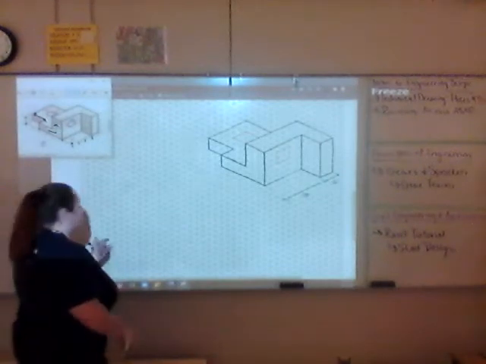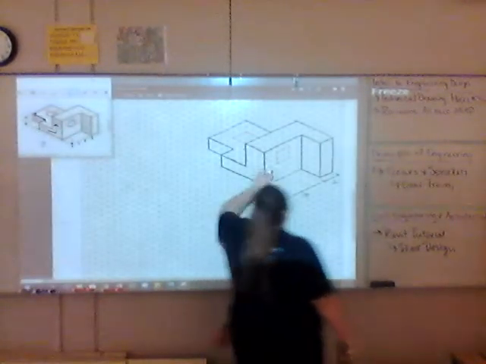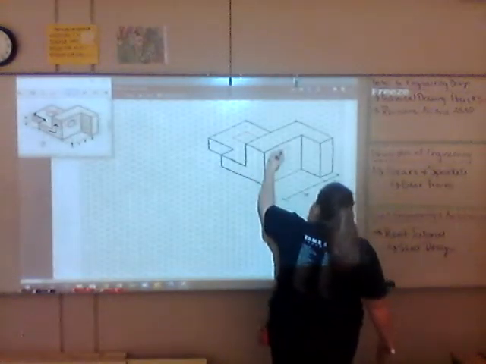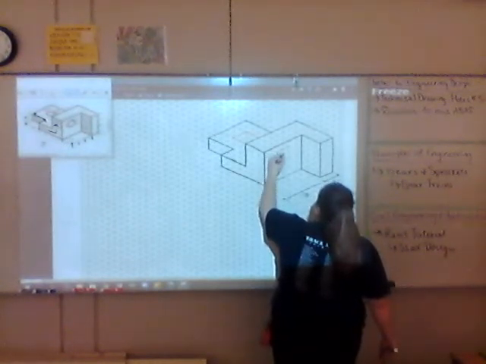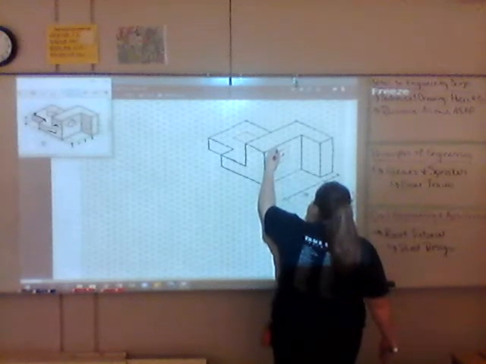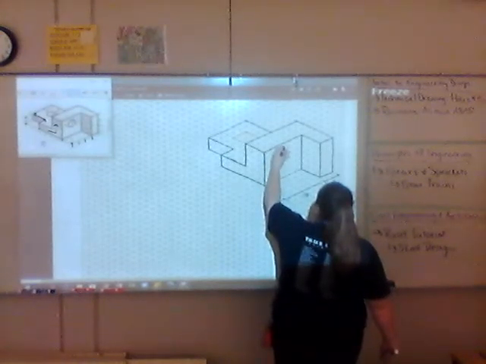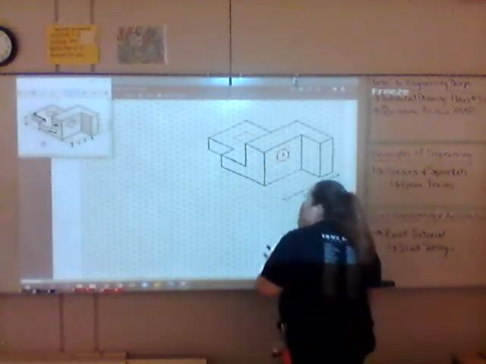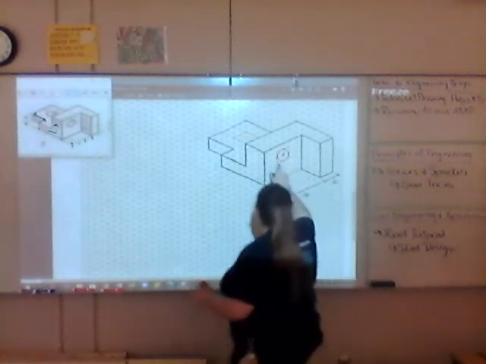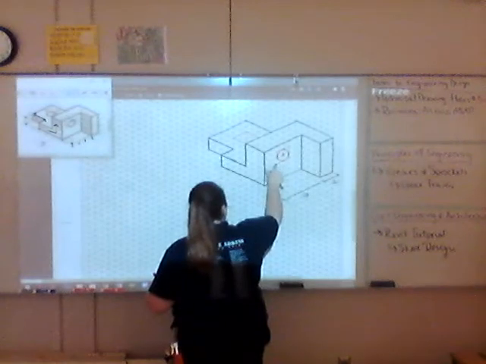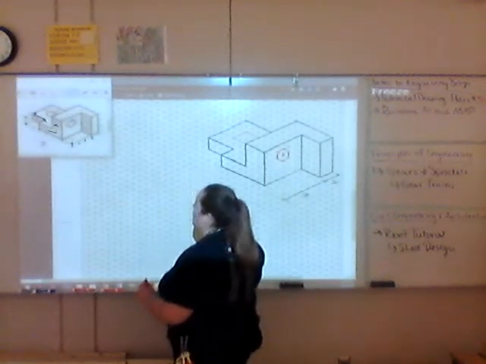Okay, so from there, we have this side, which is facing the side, so we're going to have a top-down, front-back crosshair with our dots. Fill in the circle. Okay, make sure it really fills in that box. Okay, and then make sure you erase the box around where you don't touch the box.